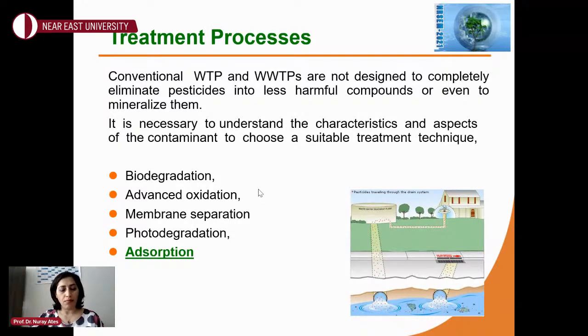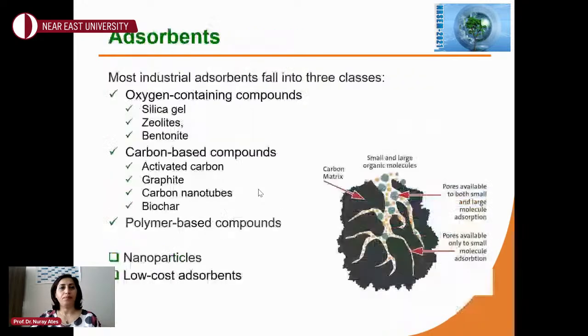It has some major advantages over the other treatment processes, for example, simplicity, flexibility of design, ease of operation, and insensitivity to toxic contaminants. However, adsorption also has a major drawback, which is the requirement of a regeneration process.